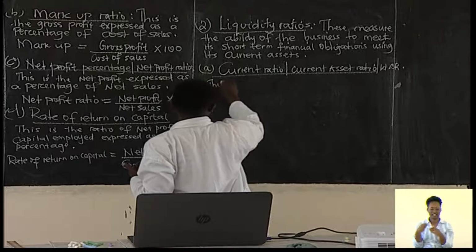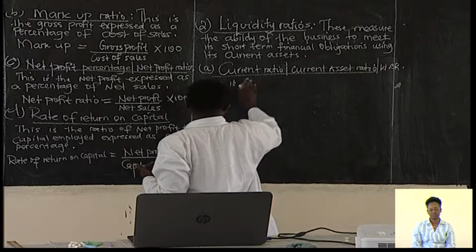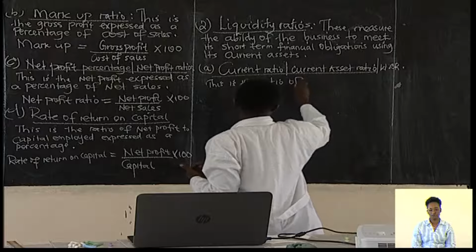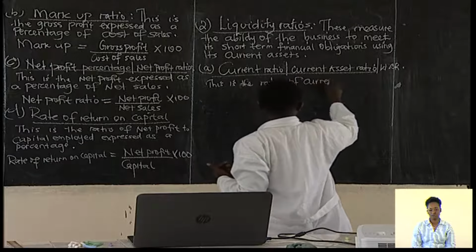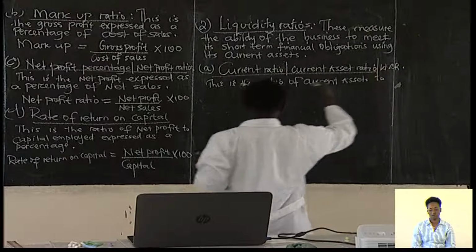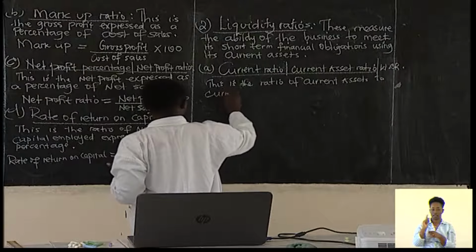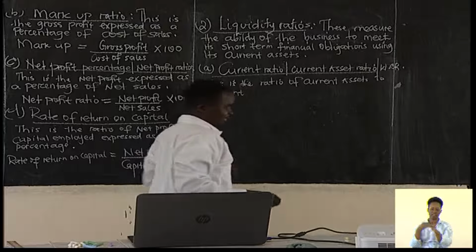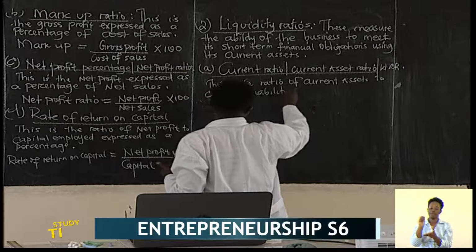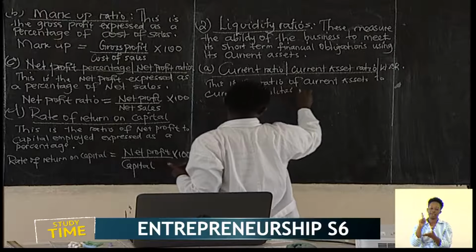This is the ratio of current assets to current liabilities of the business. So you should know what current liabilities and current assets are.